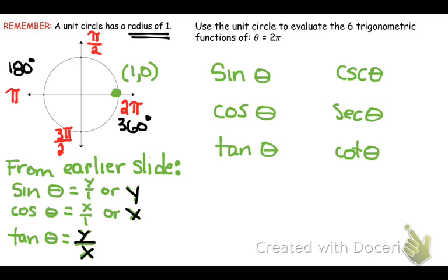Because we're dealing with a unit circle, and remember down here we said sine theta is equal to y, and the radius is 1, so this ordered pair is (1, 0), so y is equal to 0.